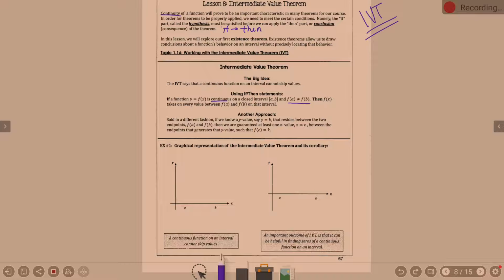And I'll try and draw some pictures here to help you explain. Another approach, if we know a y value, say y equals k, that resides between the two endpoints, then we are guaranteed one x value in the middle, x equals c, between the endpoints that generates a y value in the middle.